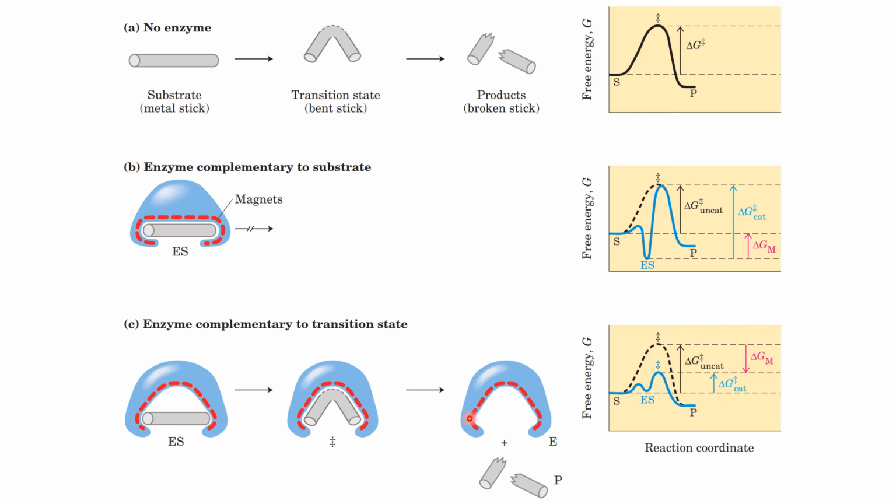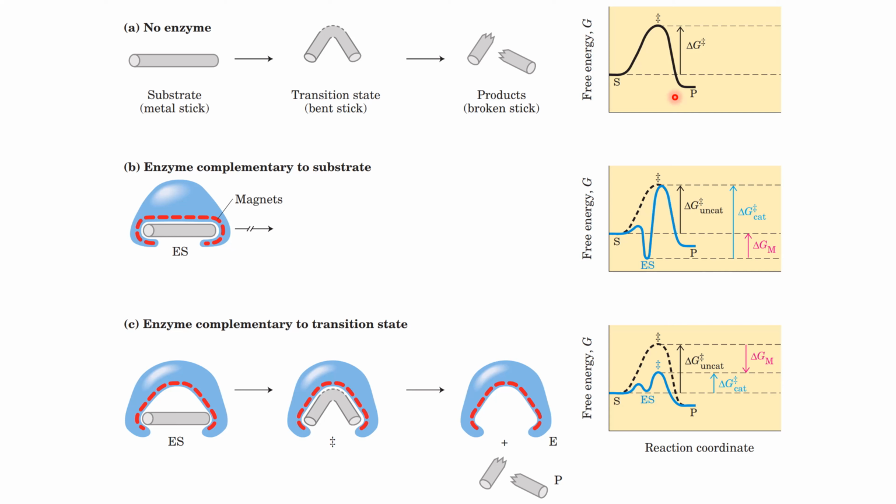So you have seen all of these three cases and their relative energy diagrams, and what the difference is if there is no enzyme, an uncatalyzed reaction; what if the enzyme is complementary only to the substrate, it is not facilitating the transition state, so this reaction is not going to happen.